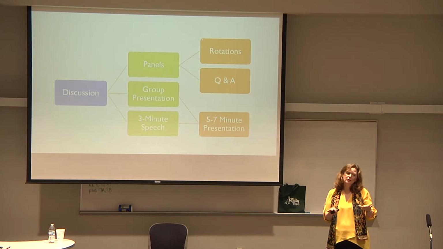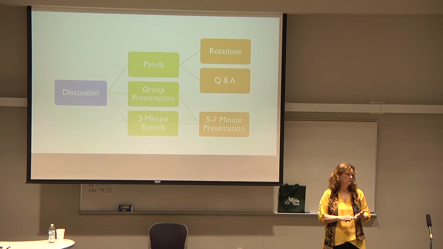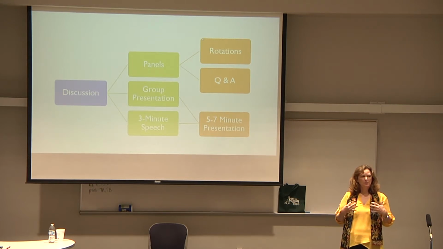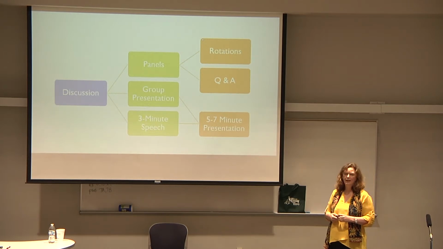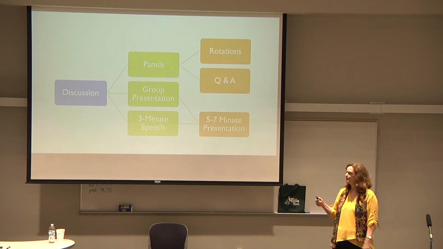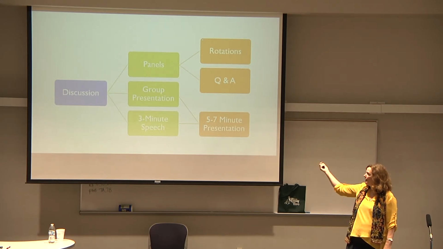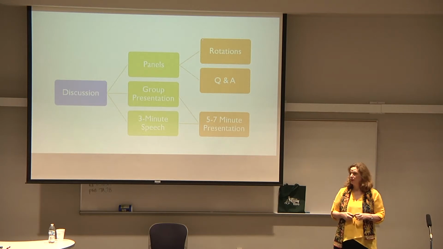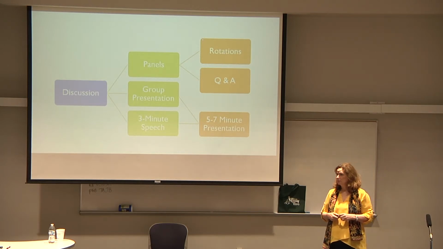But I don't let them share anything too personal or too traumatic, right? Because you put too personal and too traumatic with adrenaline, and sometimes people can have a breakdown on you. So it's got to be a story that they're okay with sharing. Okay. And that might lead to a 5 to 7 minute informative or persuasive presentation.